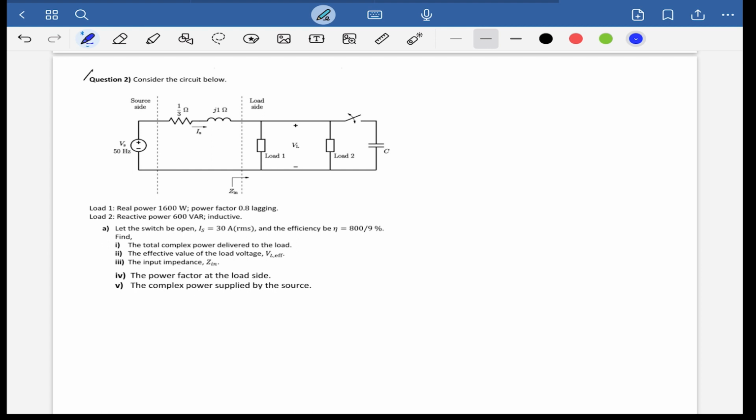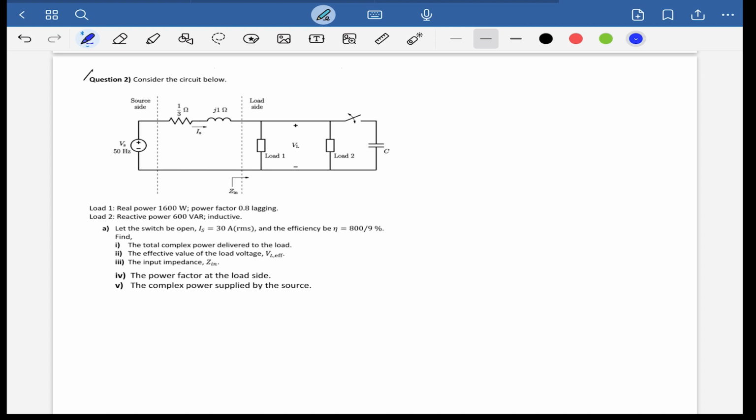Okay, let's solve the parts one by one, and the question is guiding us to get all the answers in order. So it says the total complex power delivered to the load.